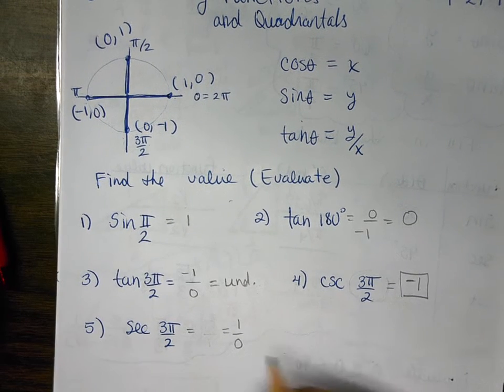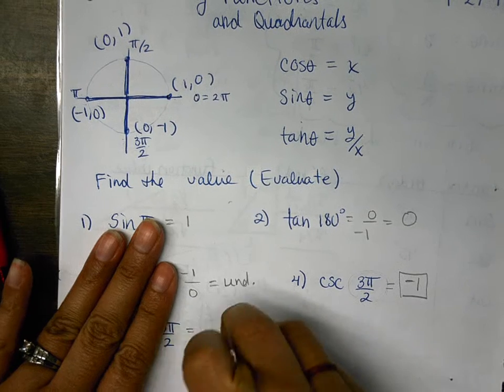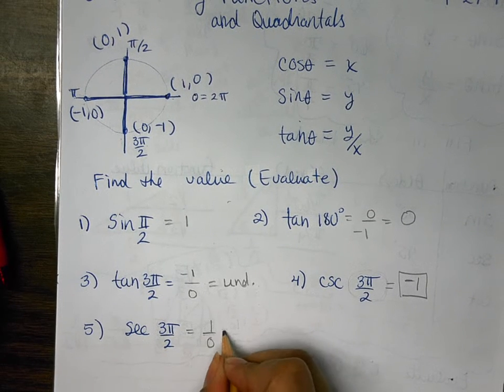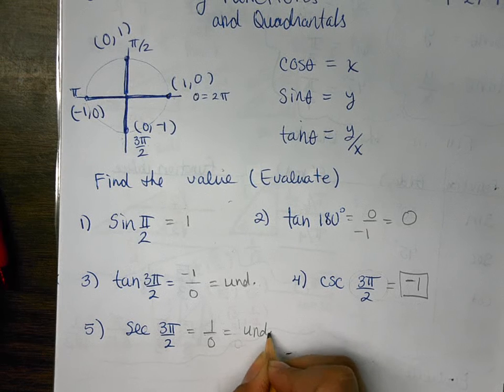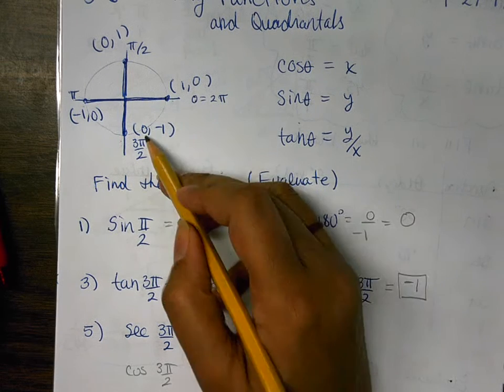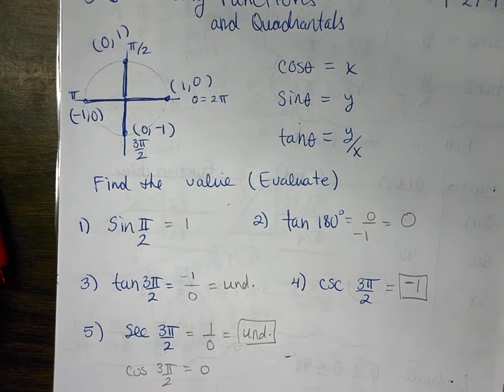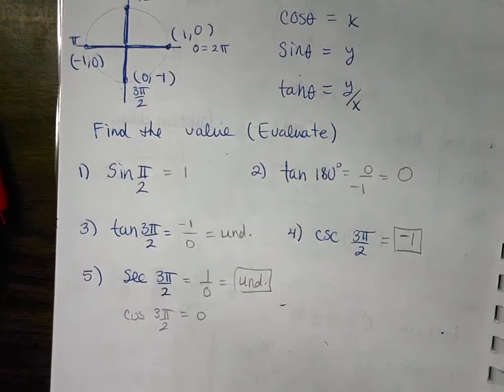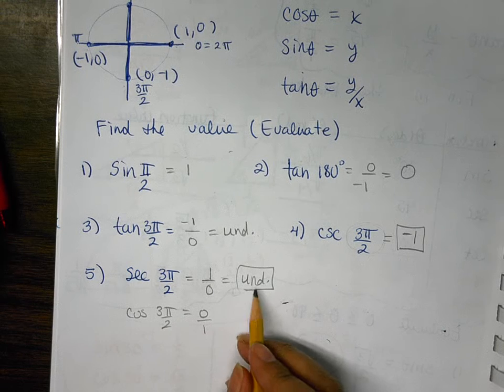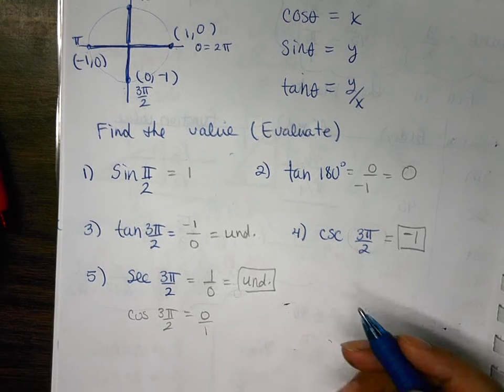Which is 1 over 0, undefined. Okay, I'll write that again. Cosine of 3 pi over 2 is 0. And the reciprocal of 0 is not 0, it's not 1, it's undefined. Why? Because 0 over 1, when you flip it, is 1 over 0, and that is undefined. Make sense?